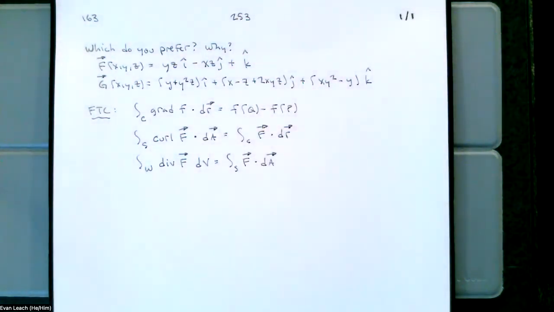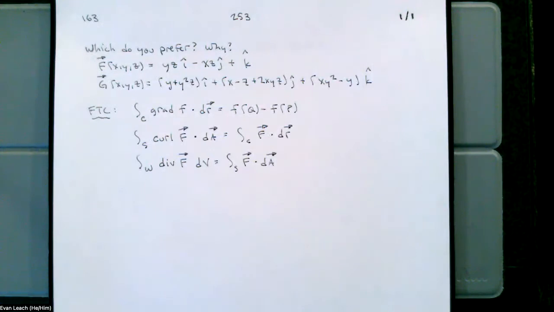So what we notice is that in our fundamental theorem of calculus, we have the integral over some curve of a gradient field dot dr, which means we can just evaluate the potential function at the endpoints. And so when we look at our vector fields f and g, the first thing that we want to consider is this vector field a gradient field?